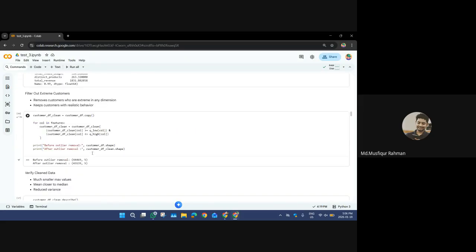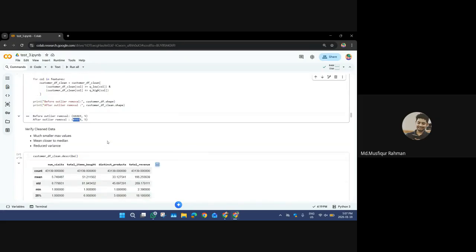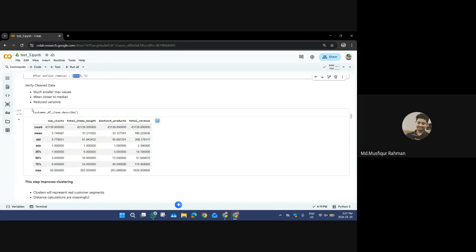Before and after removal, we counted the customer numbers, so we removed the extreme customers from our data. Now we can also see that the means and the standard deviations go lower, and the maximum goes to only 60. This is the structure of the data right now.